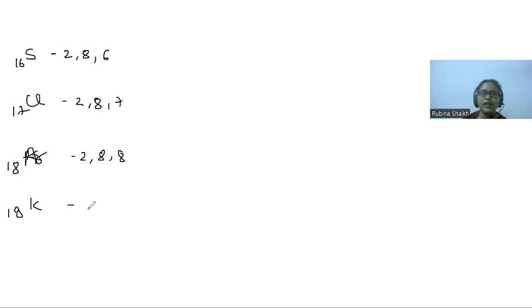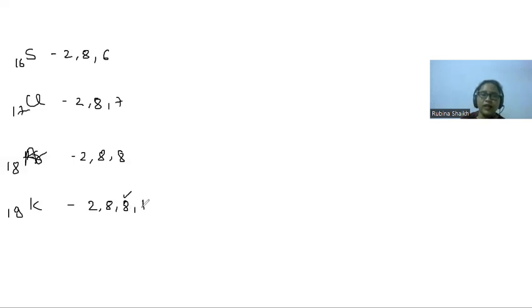Now you may think that you can write 2, 8, 9 because it has 19 electrons. But there is another rule that the last shell must not have more than 8 electrons. So you have to write 2, 8, 1, because if this is the last orbit, it can't hold 9 electrons.